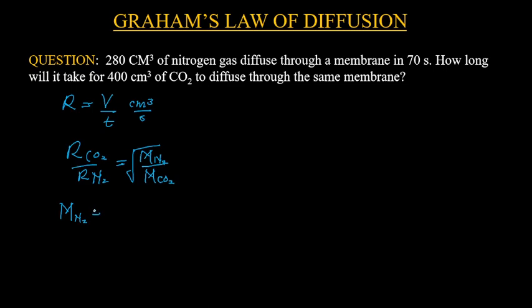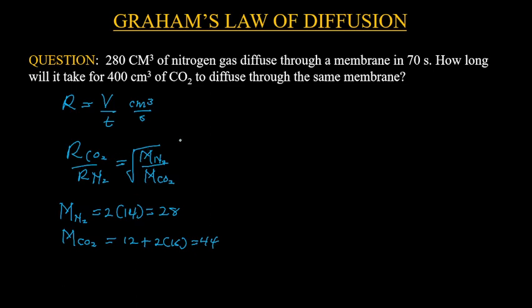Nitrogen is 14, so 2 times 14 gives us 28. For carbon dioxide, CO2, carbon is 12 and oxygen is 16, so 2 times 16, and we have 44 grams per mole. So these are the molar masses.